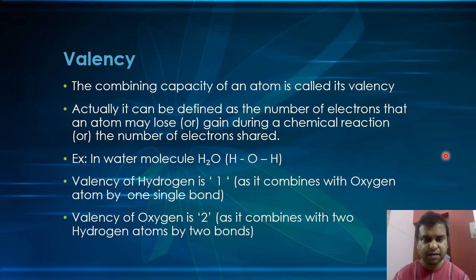The valency of oxygen is 2 as it combines with two hydrogen atoms, bonding with two other atoms, because the valency of oxygen is 2-, since it needs two electrons.